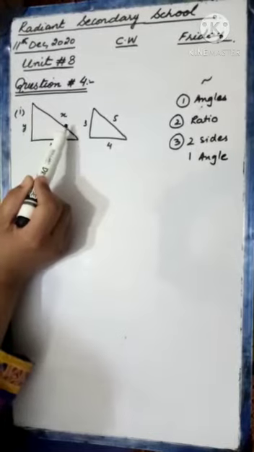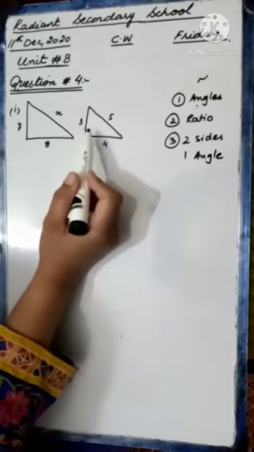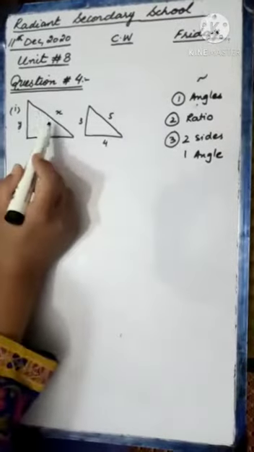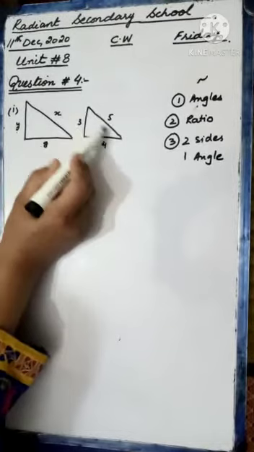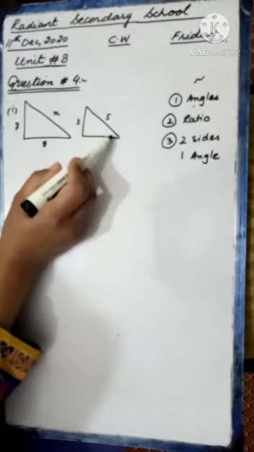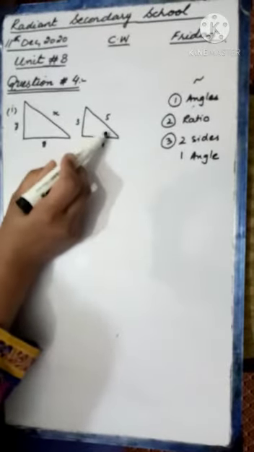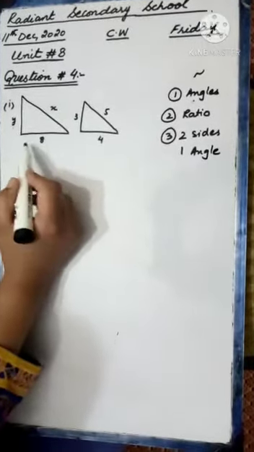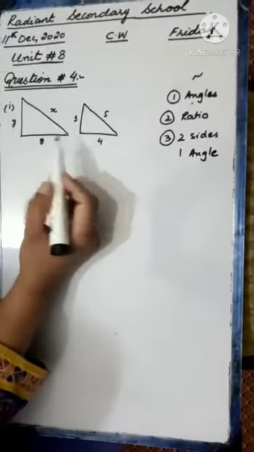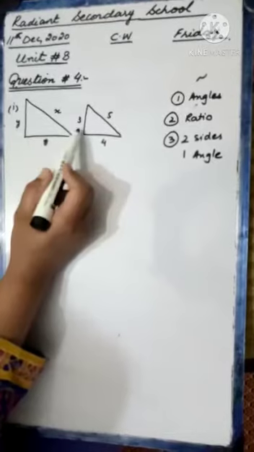So unknowns are the sides, so we can apply the property of the sides. With the property that the ratio of corresponding sides is equal, we can say x ratio 5, as this x and this side 5 are corresponding sides, is equal to 8 ratio 4. Why have I taken 8 ratio 4, and why am I not taking y ratio 3?